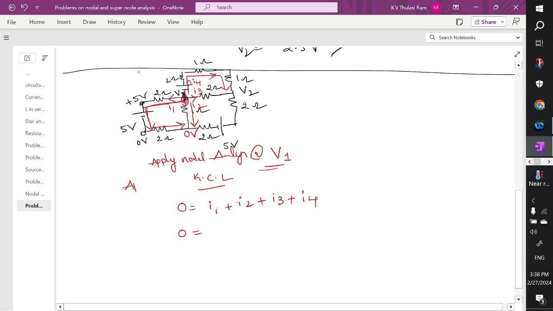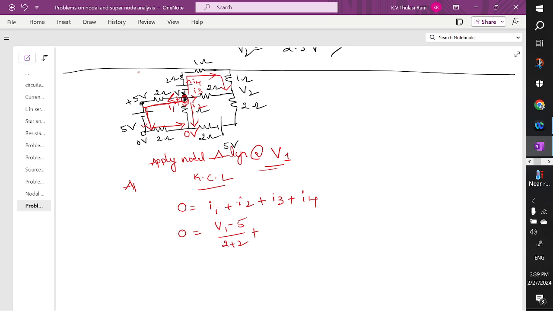So 0 is equal to, how to write down I1? Current is leaving, so what is the leaving polarity of the voltage? Plus. So V1, current is leaving, what is the leaving polarity? Minus 5 minus 0 divided by R. R is 2 plus 2, 4, plus, how to write down the I2 current, the current in this branch?